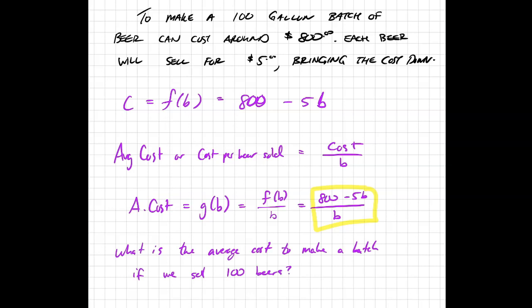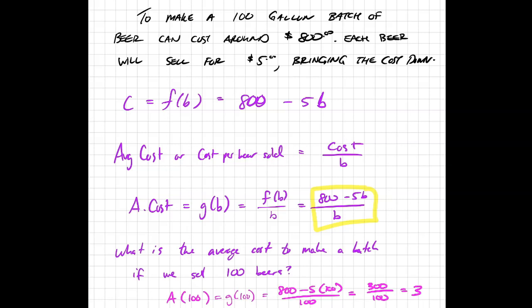Well, then we'd be looking at A of 100, and that's 800 minus 5 times 100 all over 100. So this works out to be 300 over 100, which is 3.